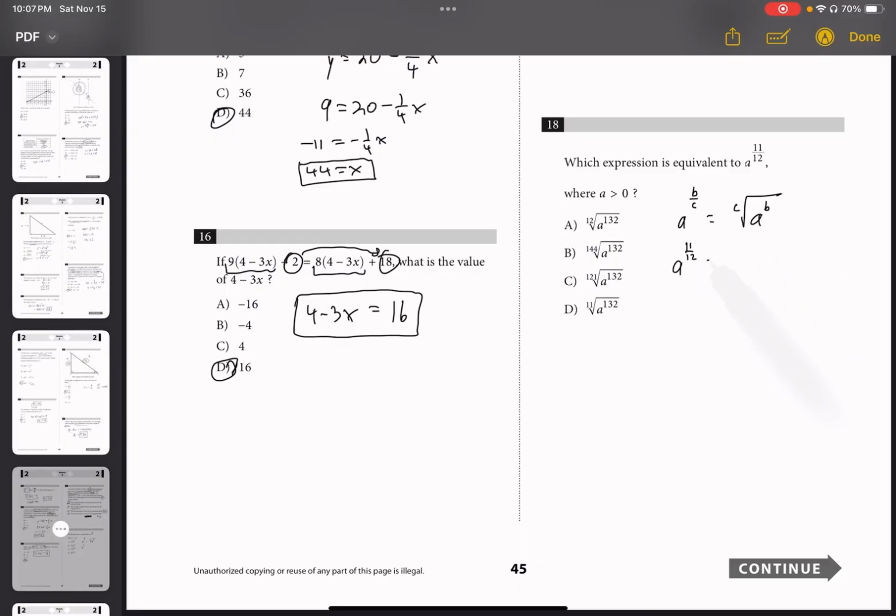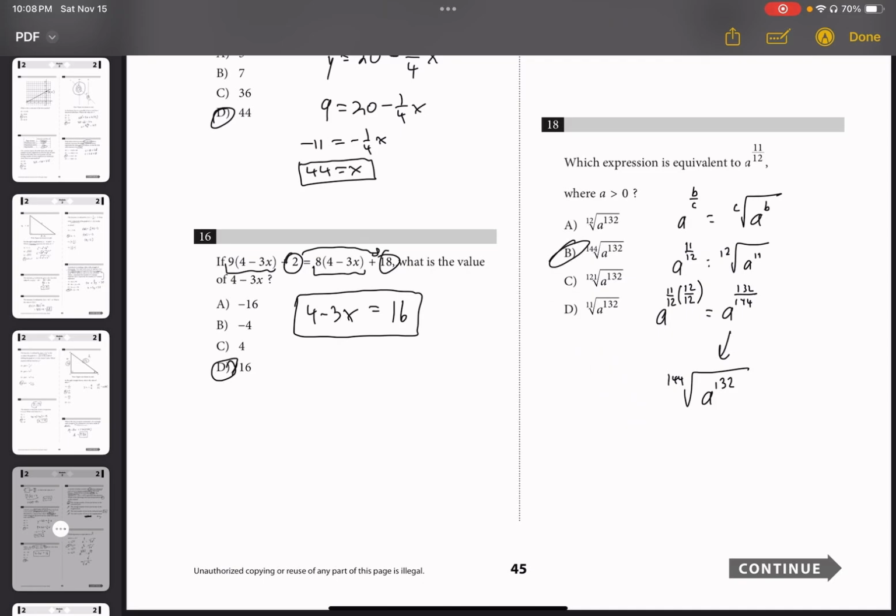Now 11 over 12 will be equal to the 12th root of a to the 11, but that here is not an answer choice, so what we're going to do is manipulate our exponent by multiplying both the numerator and the denominator by 12, which is going to give us 132 over 144, and this will give us the 144th root of a to the 132. Now, looking at our answer choices, we have option B as an answer.